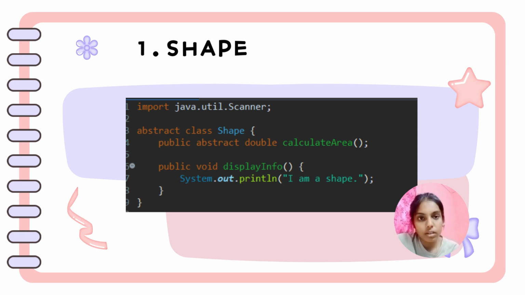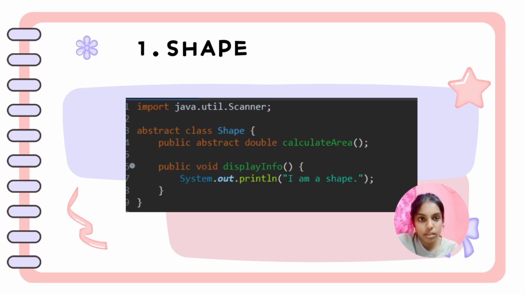First, we need to enter import java.util.Scanner. This imports the Scanner class, which is not in use in the provided Shape class. Second, abstract class Shape, which declares an abstract class named Shape, and public abstract double calculateArea. This declares an abstract method calculateArea, which is public so it is accessible from anywhere.